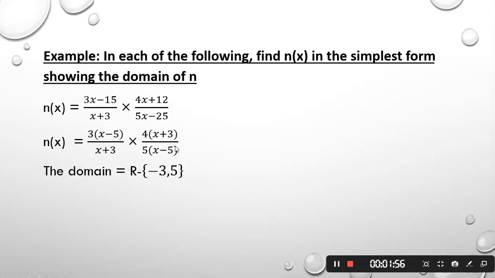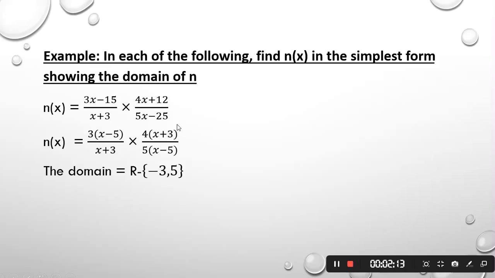Then I will cancel. We can cancel in multiplication only. In multiplication, we can cancel up and down in the same fraction or up and down with different fractions.